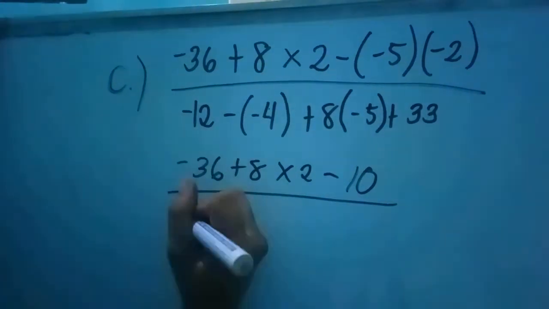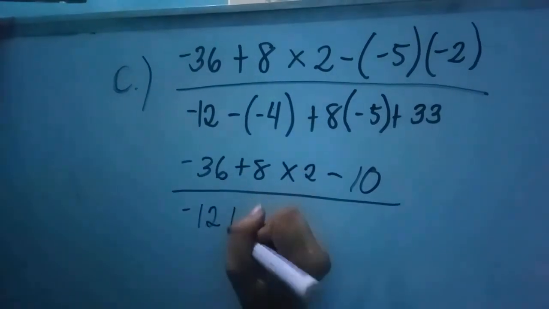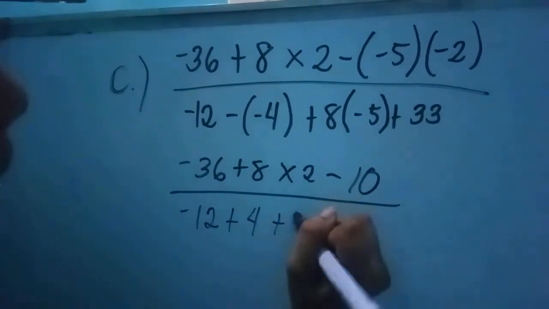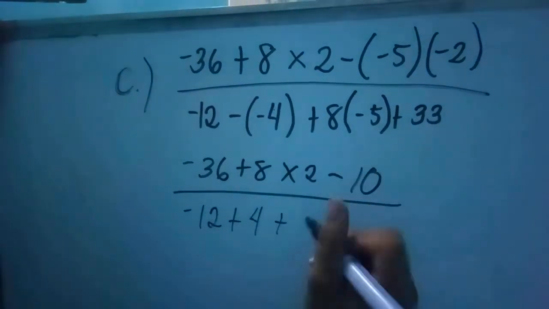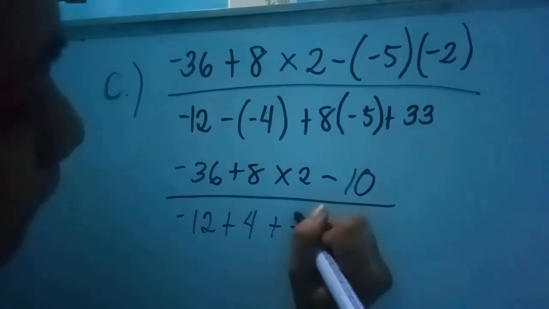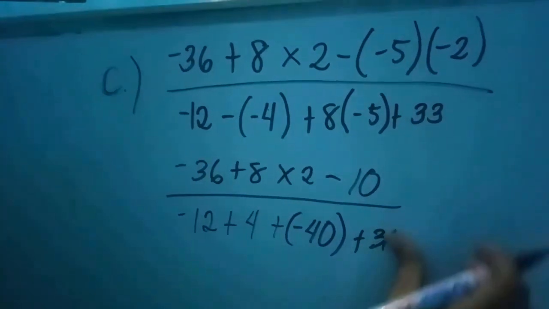All over negative 12. We have negative times negative, it becomes positive 4 plus 8 times negative 5 is negative 40 plus 33.